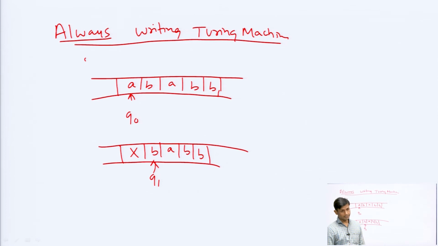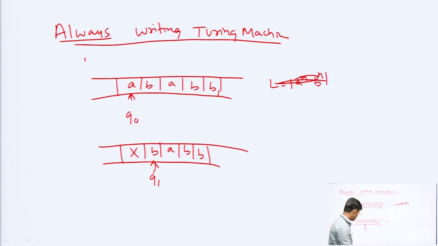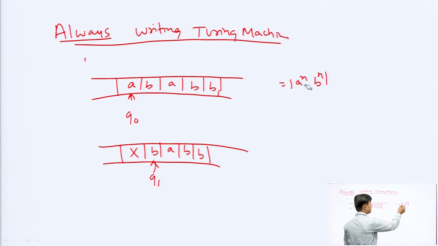So, whatever we did in the last lecture, one example was A to the power n and B to the power n. No, this is not always writing, because there we write x and y, and at the end we are writing something.